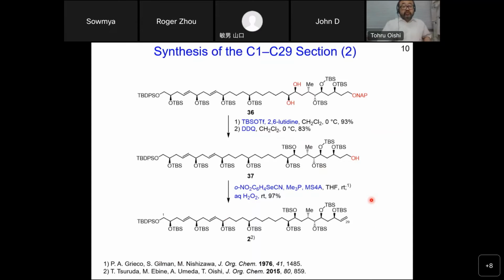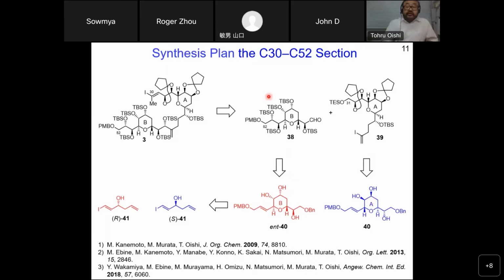So then we moved on to the synthesis of the bis-THP ring system corresponding to the C30 to C52 section. This compound would be obtained from the coupling of an aldehyde and an iodoolefin via a halogen-lithium exchange reaction.